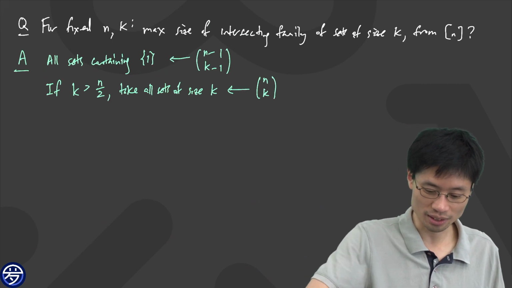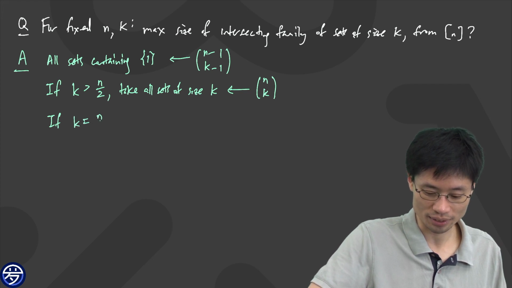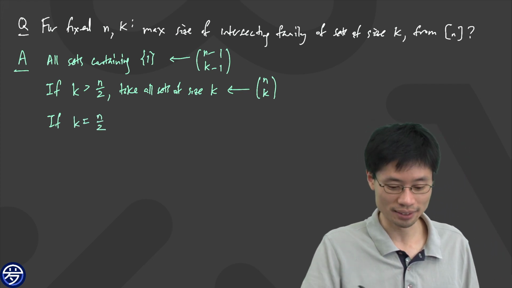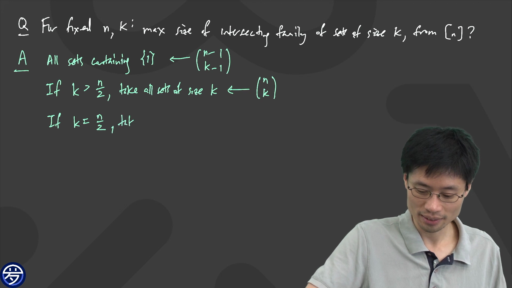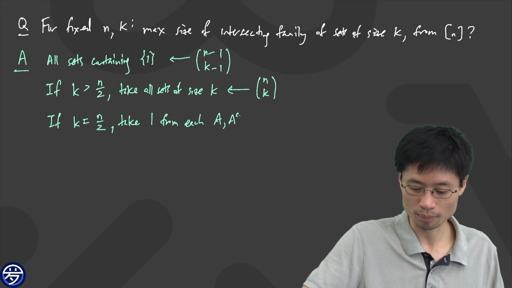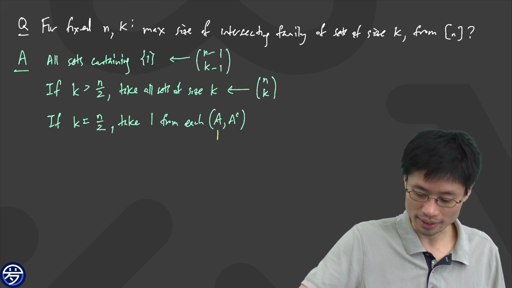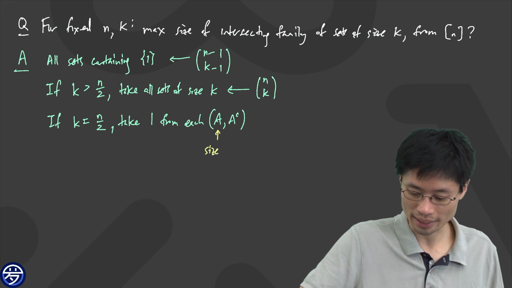If k is exactly equal to n over 2, which forces n to be even, then take 1 from each pair A and complement. Here each of them has size n over 2.